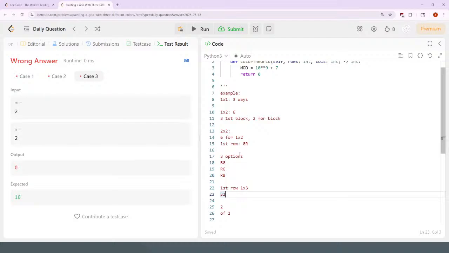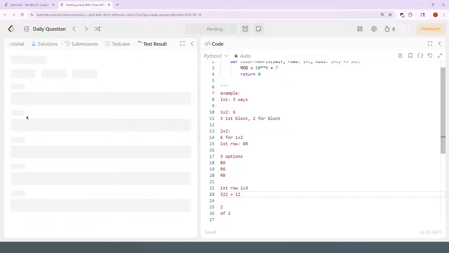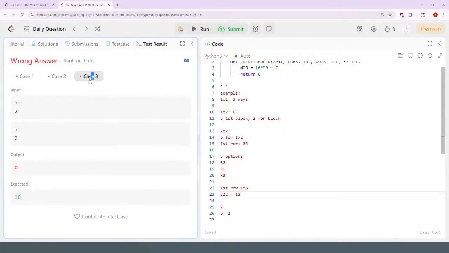No. It's 3 for the first color, 2 for the second color, and then 2 for the third color. So it should be 3 times 2 times 2, which is 12. 1 row, 3 columns. Okay, yeah, so it is 12.